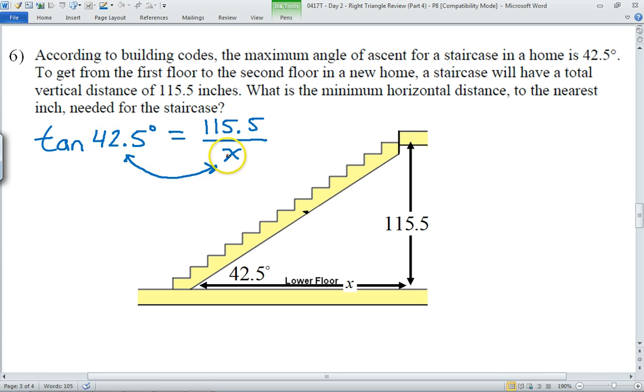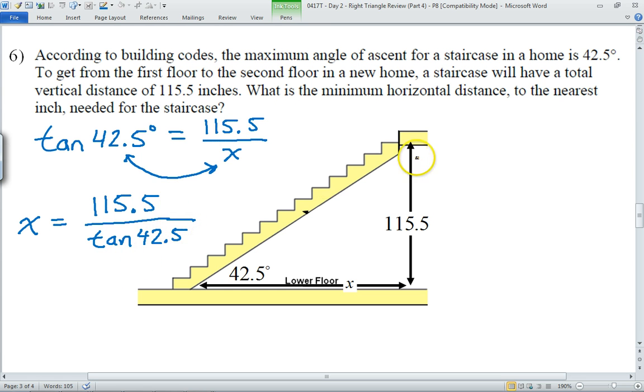So the x is going to wind up here. The tangent of 42.5 will wind up in the denominator. So this will quickly become x equals 115.5 over the tangent of 42.5.